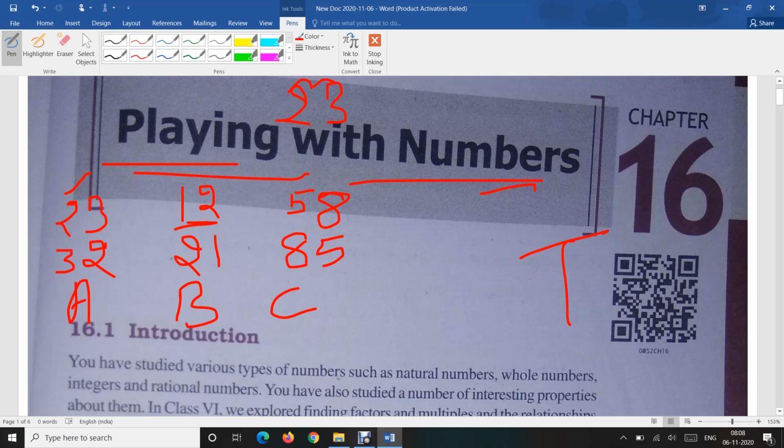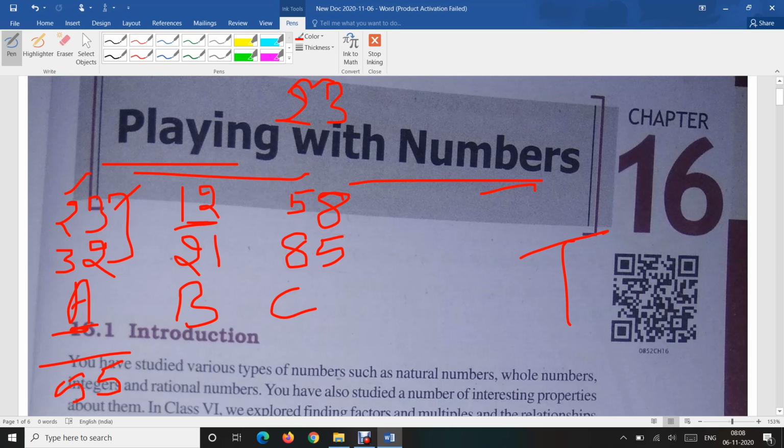Now the teacher says to add the number which you thought and its reverse. That means we have to add both these numbers. For 23 and 32, 3 plus 2 is 5, and 2 plus 3 is 5.